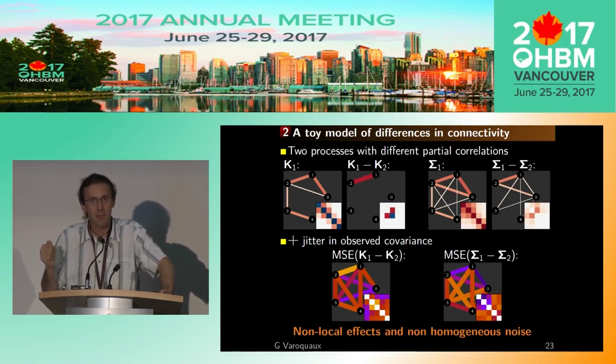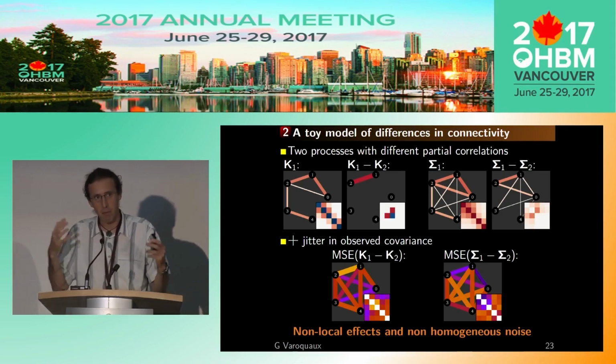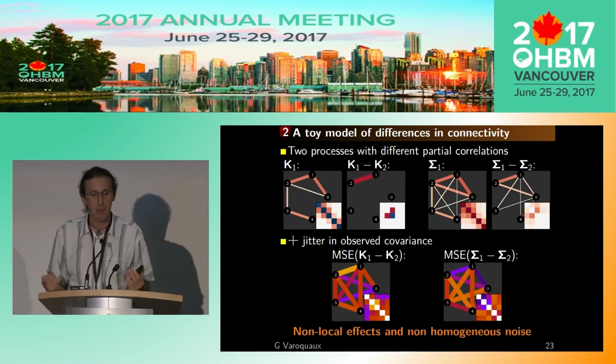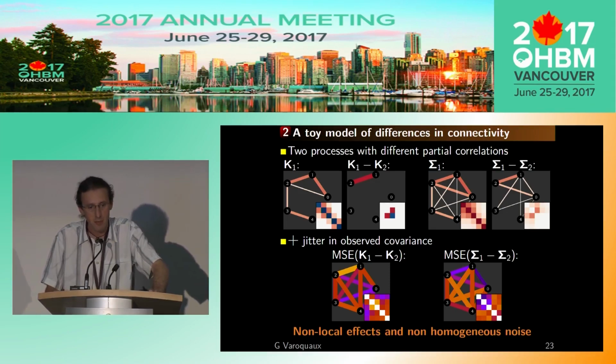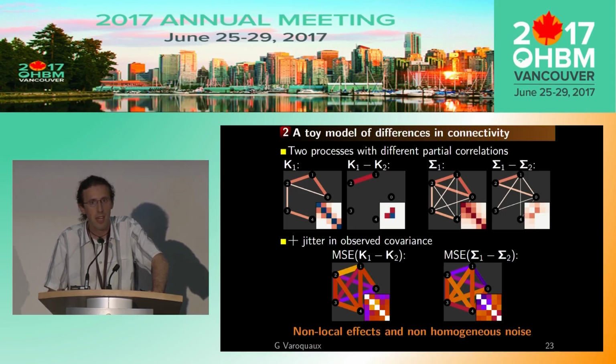Now I add a bit of noise, and I sample a family of model 1 and a family of model 2, and then I look at the estimation error, both on the inverse covariance and on the covariance. I've plotted the mean square error as colors. The problem is that the mean square error is extremely inhomogeneous.